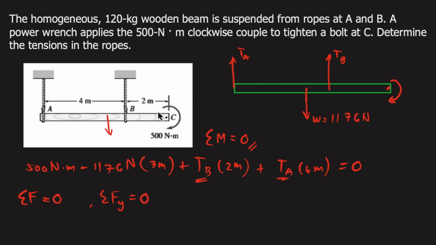So what are the forces here? First is TA, which is upward, so it's positive, plus TB, which is also positive, minus the weight, which is 1176 newtons, so this will be 0.